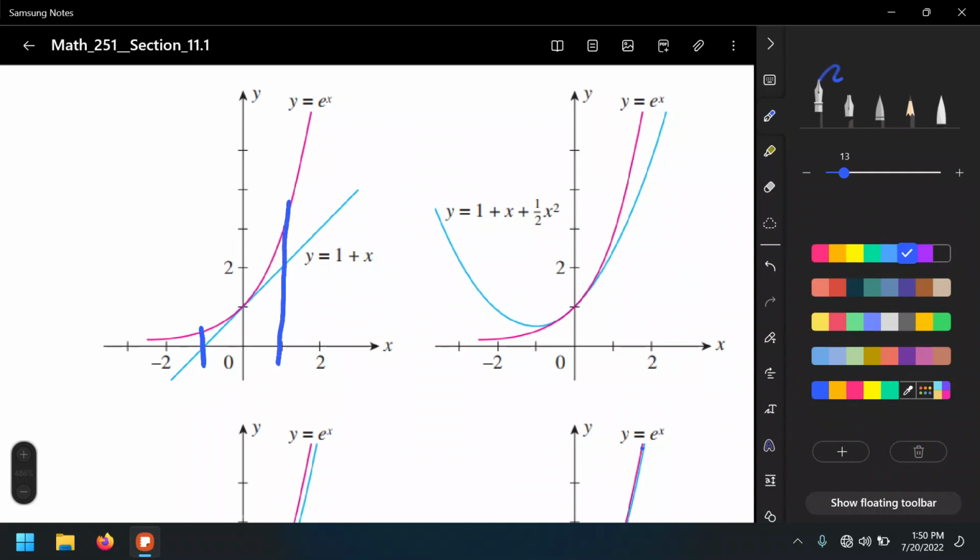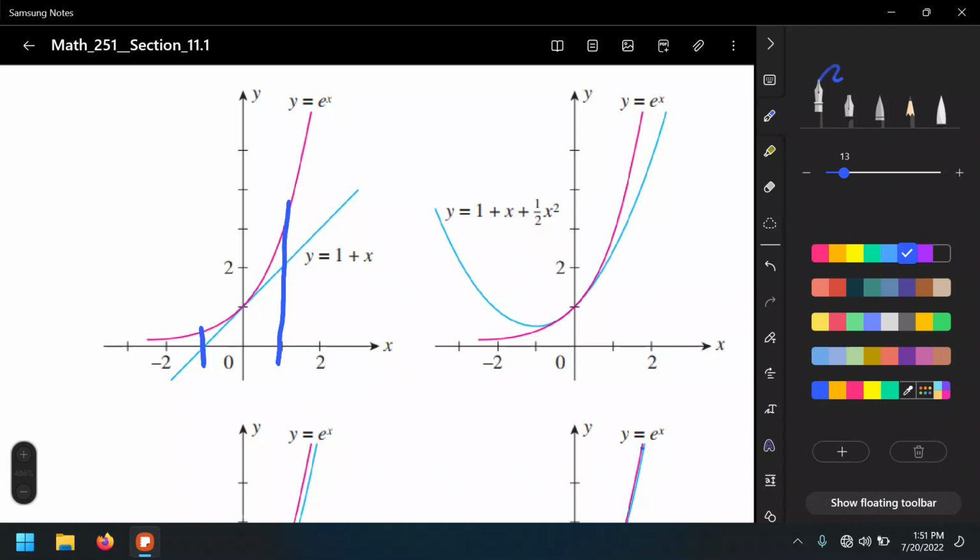Around 0, if you look at some values, we're going to have pretty good approximations. But because this linear approximation is not very accurate with the curvature of the exponential function, very quickly these two graphs are going to start to diverge, right?